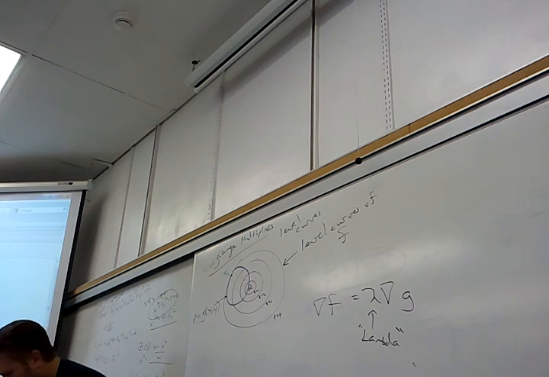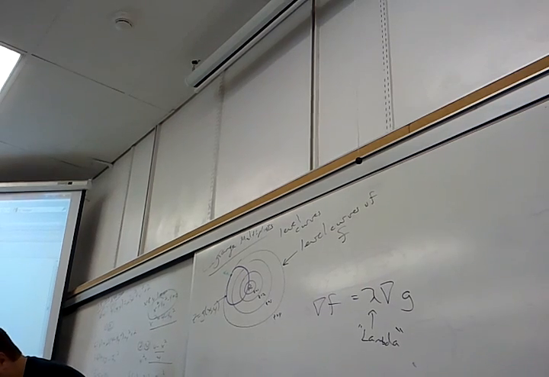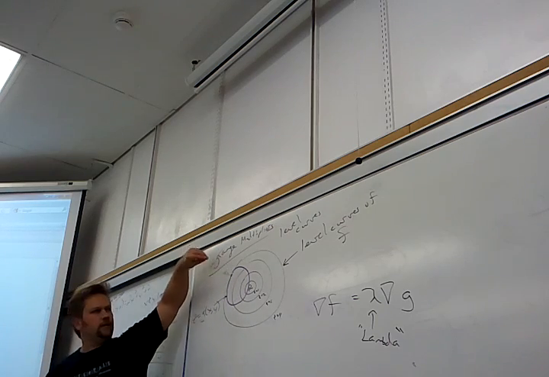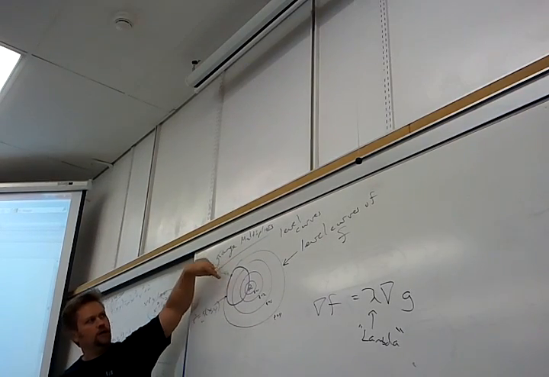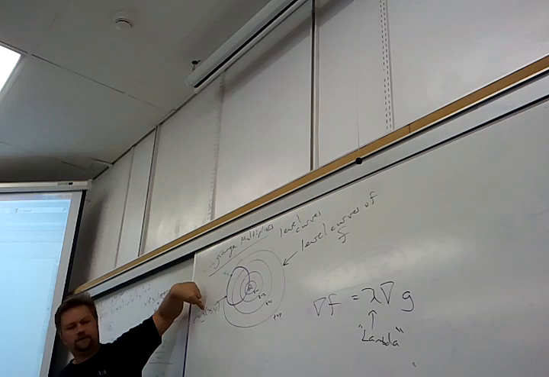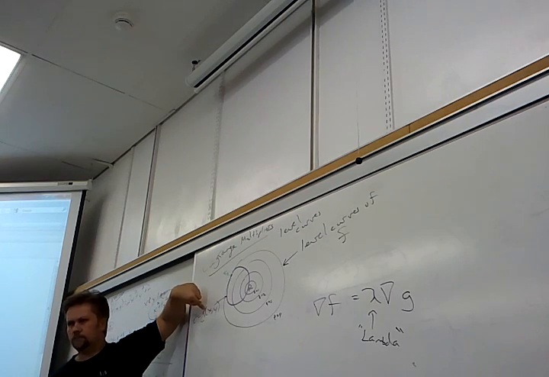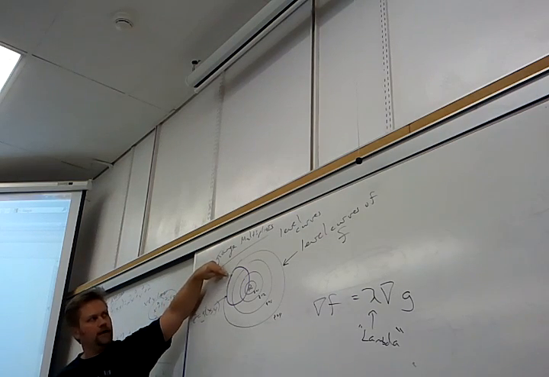I think I saw a better picture. Let me ask you this, Katya. This here is a level curve of this function g, right? And its gradient must be orthogonal to the curve at that point.